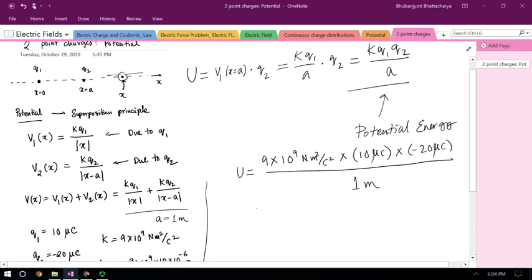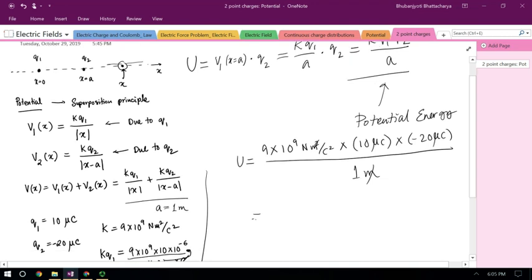Okay, so now the meter will cancel over there. Notice that there is a microcoulomb, so I can't immediately cancel the C squared with a microcoulomb, right? So what we'd have to do is 9 times 10 to the 9. There's an overall negative sign, so let me bring that out. 10 times 20 is 200, so multiplied by 200. And micro is a 10 to the -6, so there's 10 to the -6 times 10 to the -6, 10 to the -12 divided by 1.